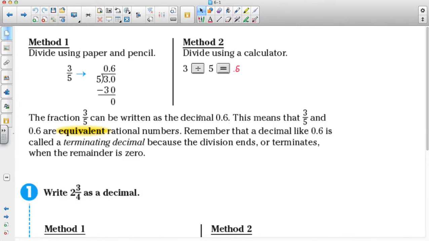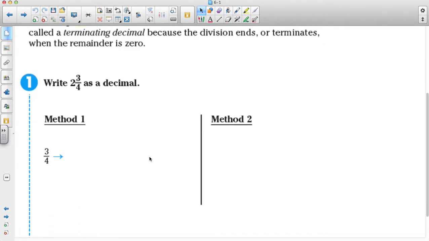This means that 3/5 and 0.6 are equivalent rational numbers. Remember that a decimal like 0.6 is called a terminating decimal, because the division ends or terminates when the remainder is 0.